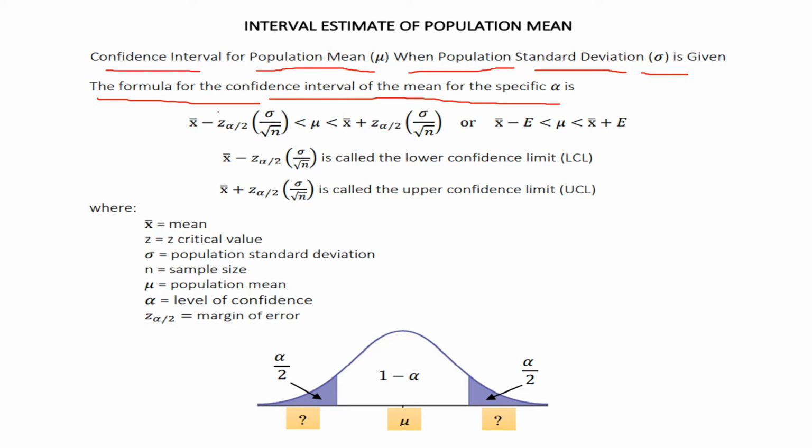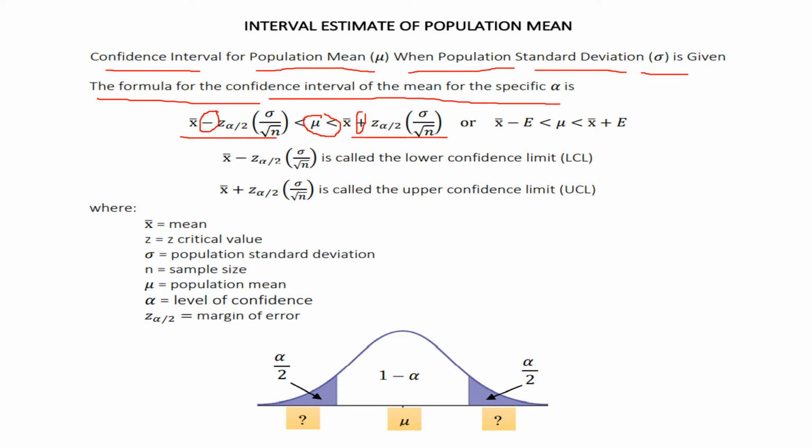In this formula, there is a subtraction and addition between your sample mean and C sub alpha over 2 multiplied by sigma over the square root of your sample size n, wherein we always assume that your population mean will fall between your lower limit and your upper limit.